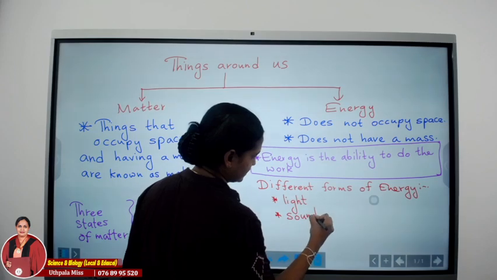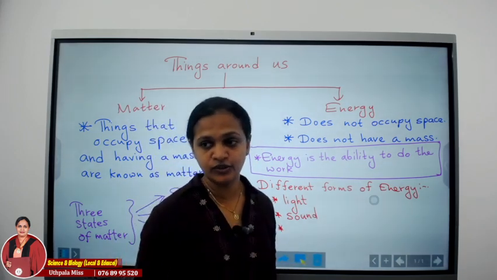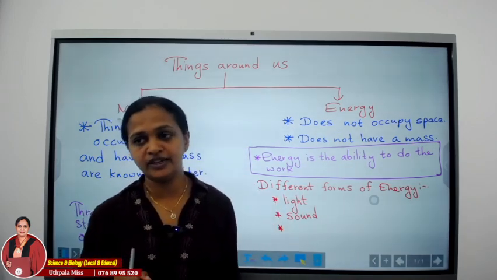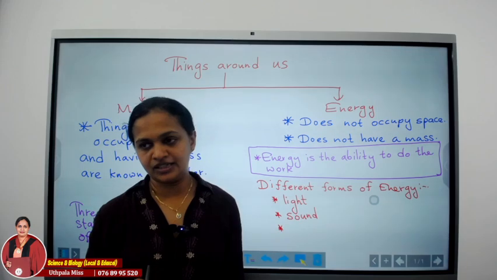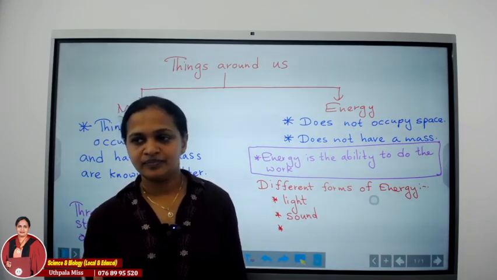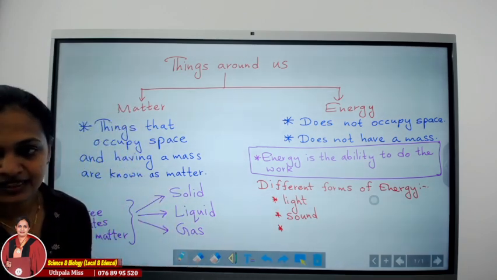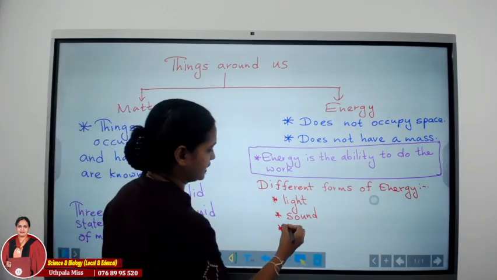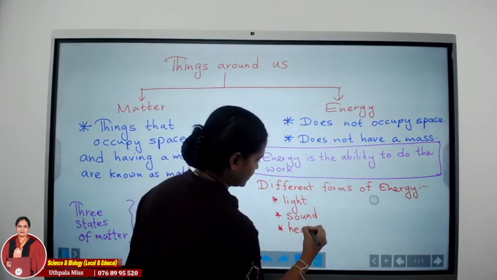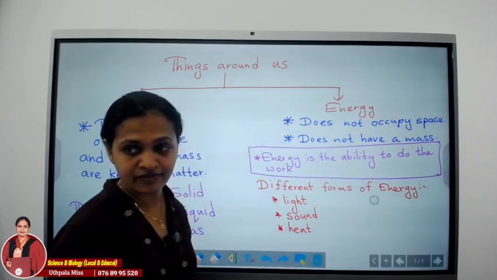Fossil fuel energy. In any type of fuel, we have chemical energy, right? Fossil fuel, crude oil, LP gas, coal. In this we find chemical energy. Thermal energy, or heat energy. Wave energy, energy of sea waves.